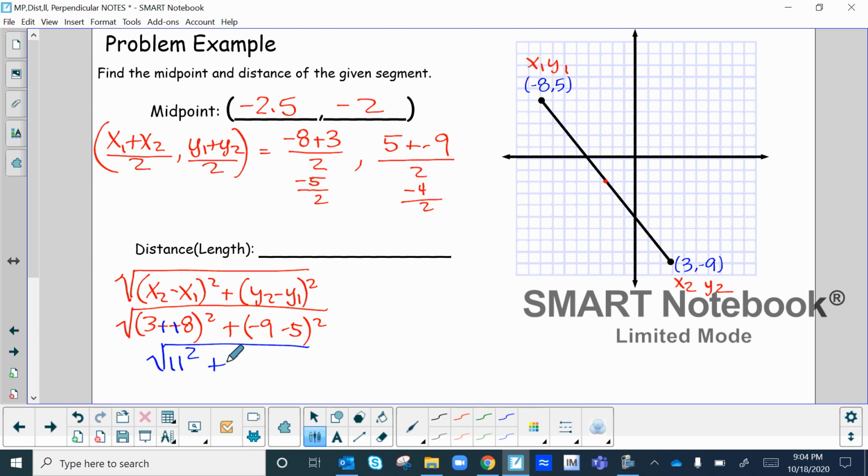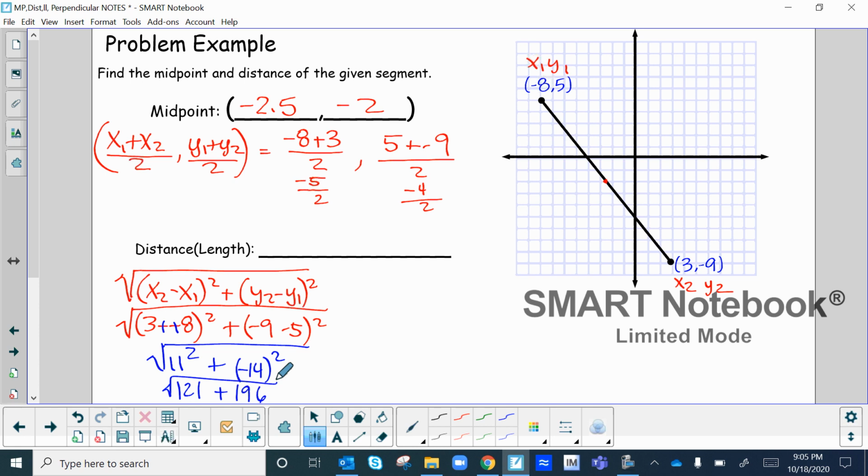Plus -9 minus 5 is -14. Notice you want to keep the parentheses over that, okay? And so this ends up being 121 plus -14 squared. A negative times a negative is a positive. So that's 196.